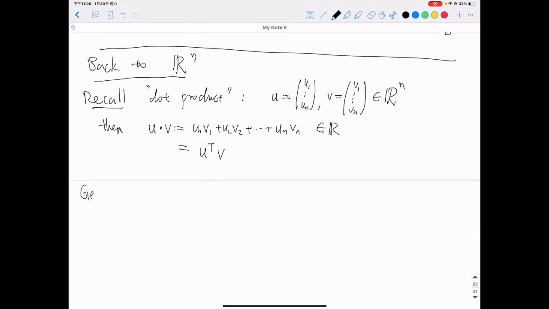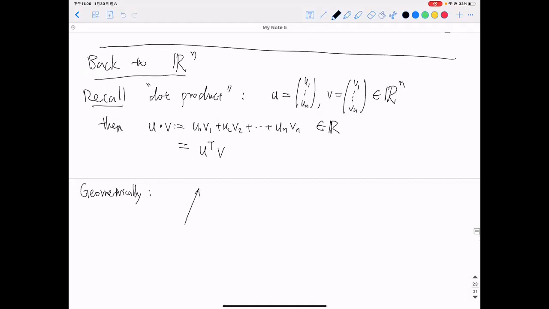Okay, so geometrically, the importance of the dot product is the following. Suppose you have your u and v sitting in this position, and there's an angle in between them called theta. Then u dot v is the length of u times the length of v times cosine theta.